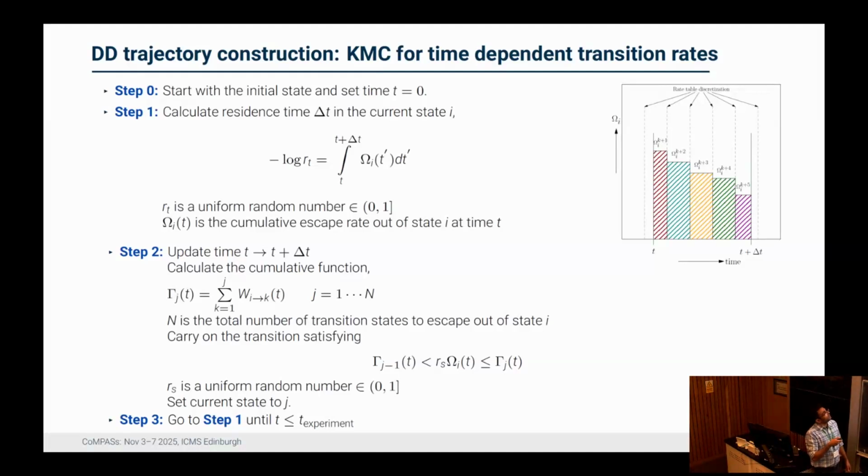Then you can get the residence time in a particular well. Of course, that well itself is changing with time. And then once you get the residence time, you can choose one of the exit pathways out of all the available pathways. And then you keep running this, and you can construct a trajectory. You can run multiple trajectories to get statistics evolution.